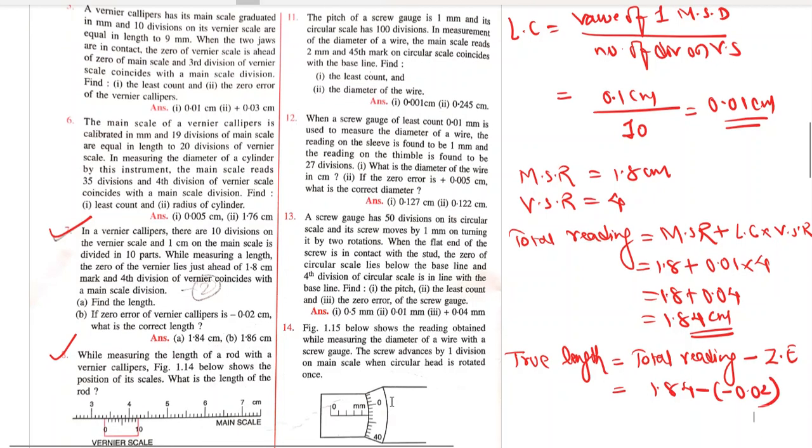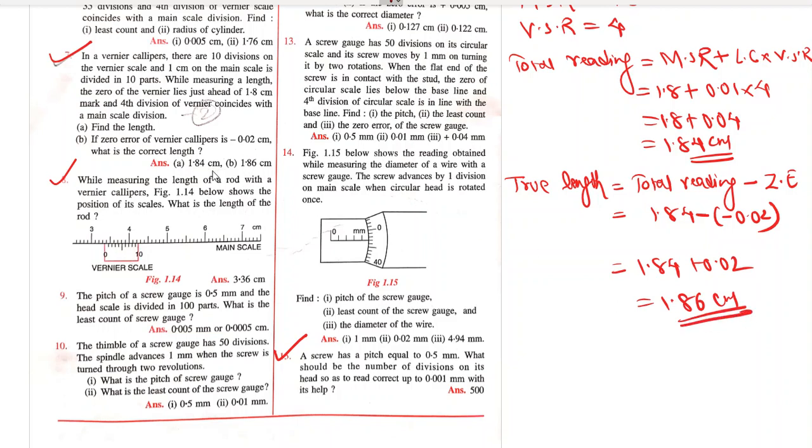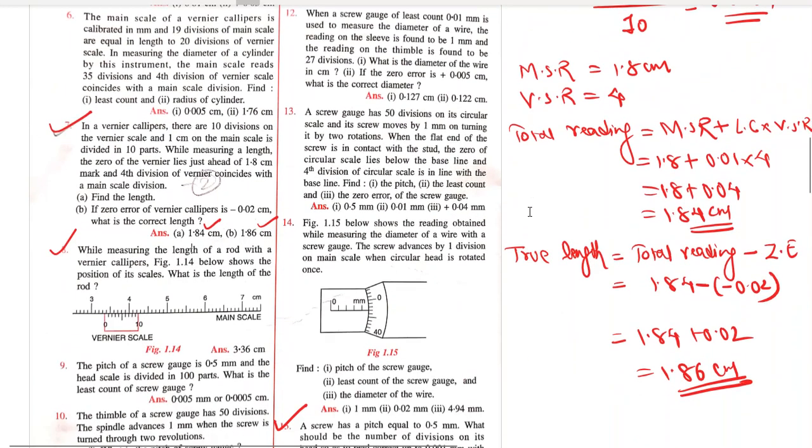So we have to subtract the zero error with its sign. So 1.84 plus 0.02, that is 1.86 centimeter. This is the true length after considering the zero error. So both the answers are correct. So I hope you understood how to solve this seventh question.